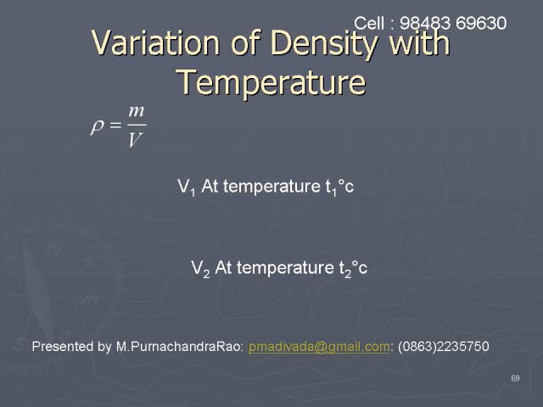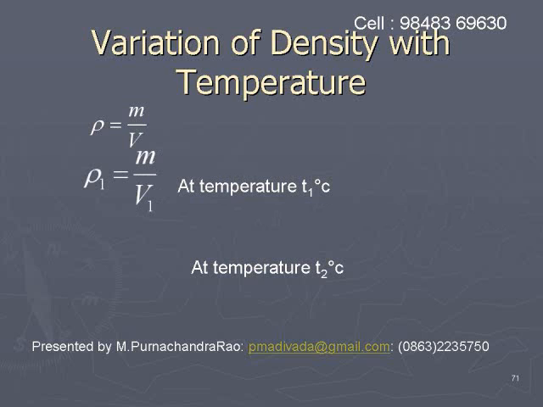Suppose at temperature T1 degree centigrade, its volume is V1, and at T2 degree centigrade, its volume is V2. Then rho 1 is equal to m by V1, rho 2 is equal to m by V2. Because with the increase in temperature, there will be change in volume, but not in mass.